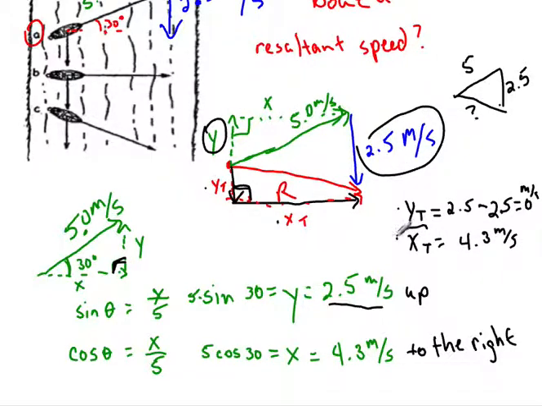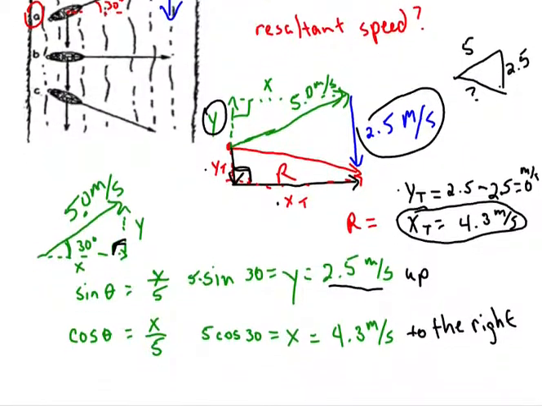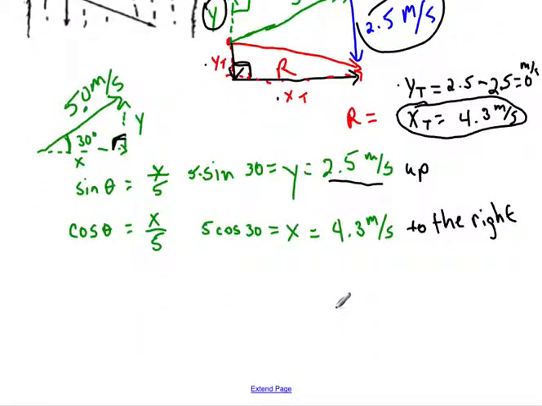So the resultant is all in the x. You could draw a triangle with these two sides. Here's my x component, xt, which is 4.3. And I have 0 y, so I'm not going to draw a y arrow. And there we go. It's not really a triangle, it's just a line. So that is the resultant.